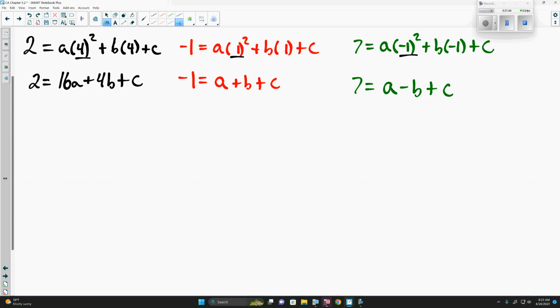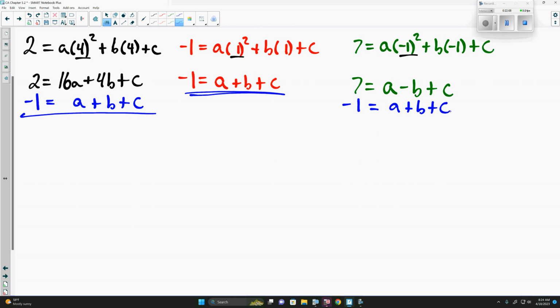We can use the second one here as the eliminator equation. I kind of underline it to remind myself that's the one I'm using to eliminate. Now since c is already matched up, we can just put it under the other 2 to eliminate it out.